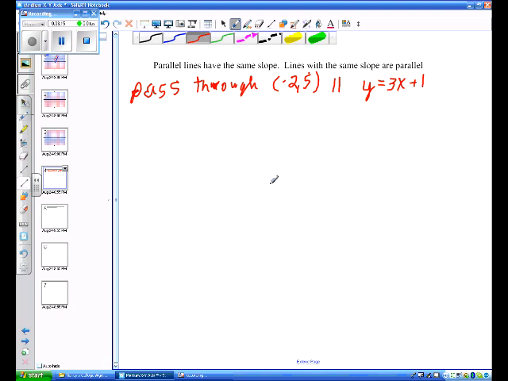All that we use this line for is to get the slope, because if it's parallel to this line, it will have the same slope as this line. So this line has a slope of 3, so we want it to have a slope of 3. We know the slope, we know a point, so we'll use our point slope. y minus the given y is equal to the slope times x minus the given x.